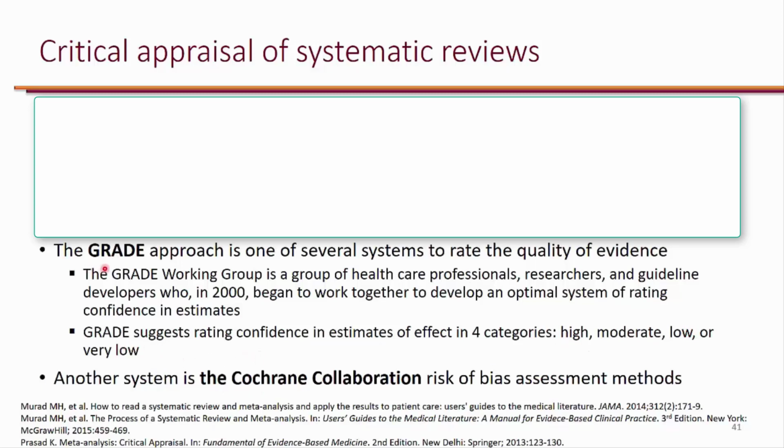So that's another tool that you can use, and typically systematic reviews use some sort of tools such as GRADE to evaluate the studies that they have included in the review.